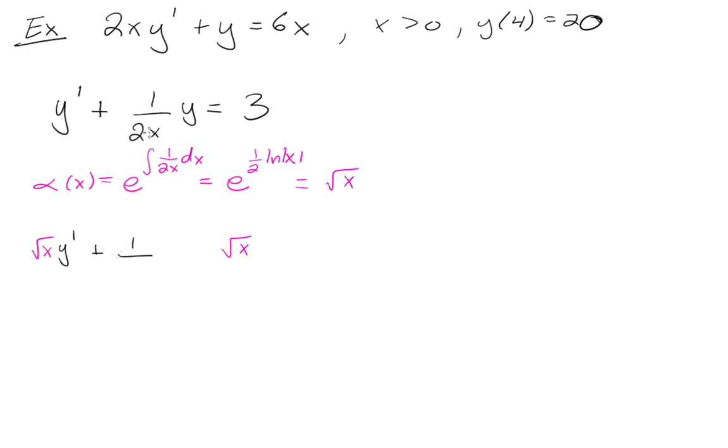If you multiply this by square root of x, 1 over 2 root x, right? Yes? No? Good. What's wrong? Right? Okay. Uh-oh. You guys are worrying me now. You guys need to get some coffee or something?